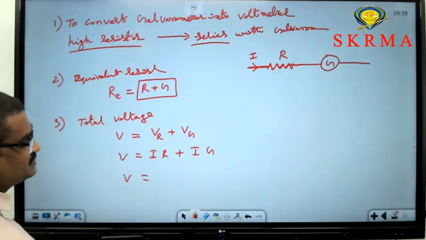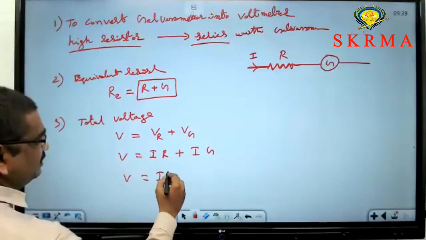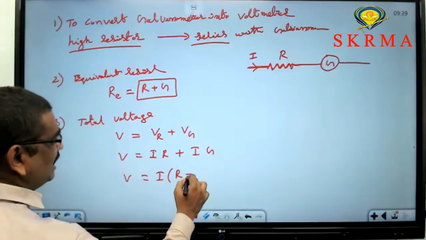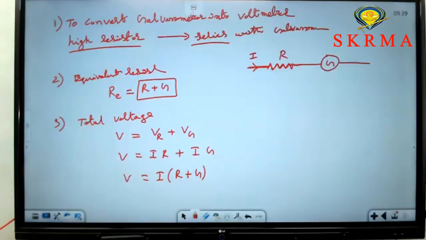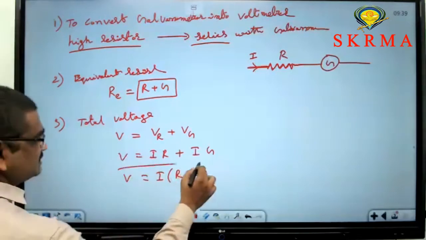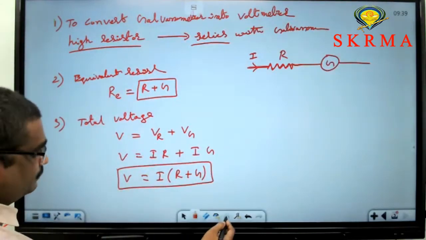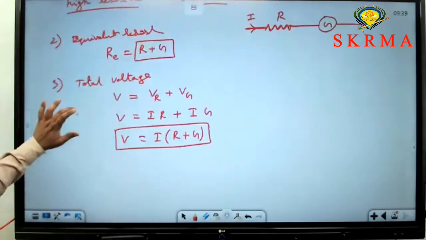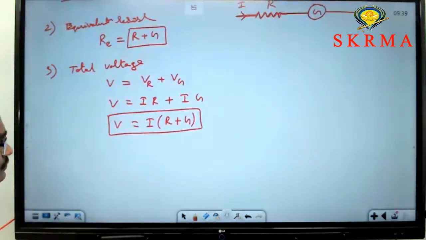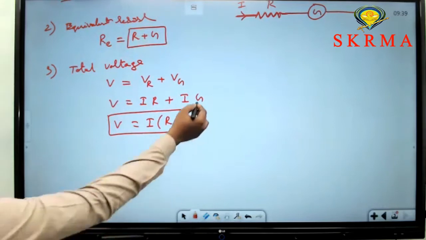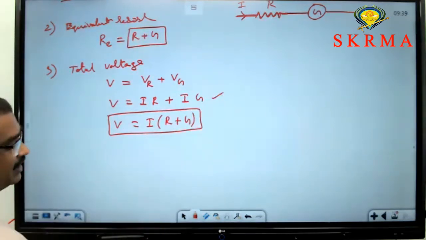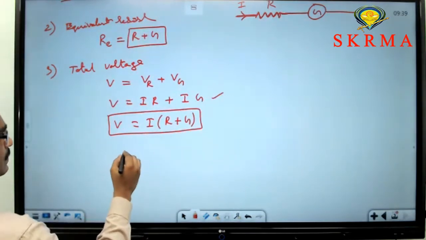Now from this we can write V equal to I into R plus G. Can you rearrange this equation for G? From this equation, can you write the equation for G?